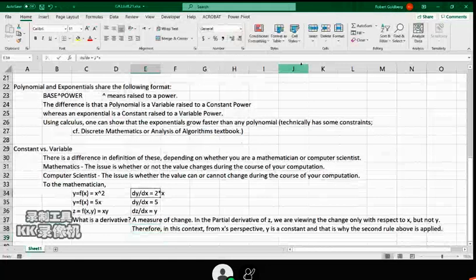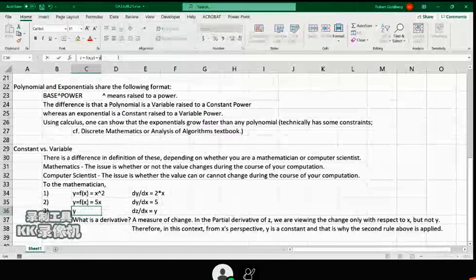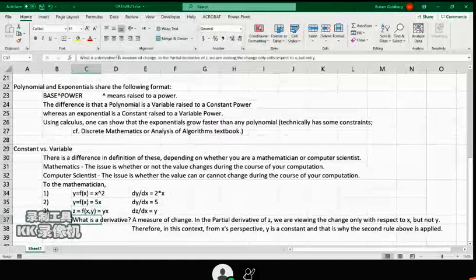The second rule above is applied. Okay, let's do these 1, 2, 3. And just to be consistent, I'm going to do yx. So you see 5x, yx. The constant first. I didn't have to, but hopefully it's easier. The second rule above is applied. So dx means with respect to change in x.